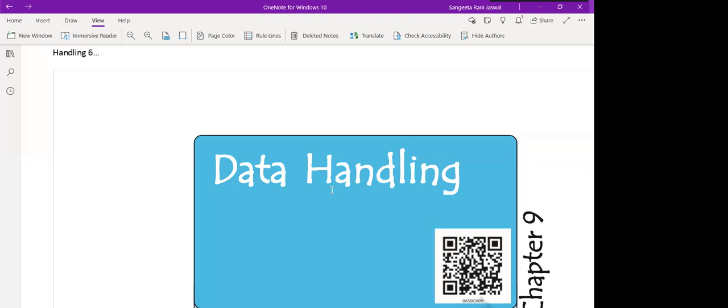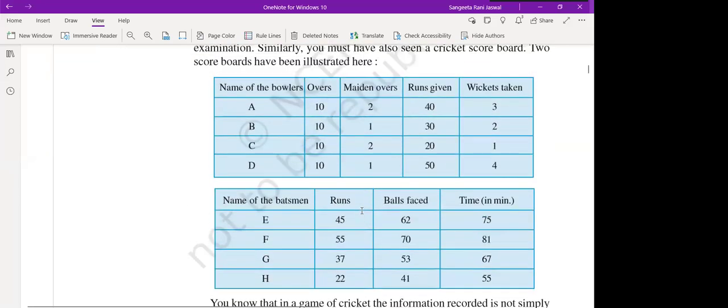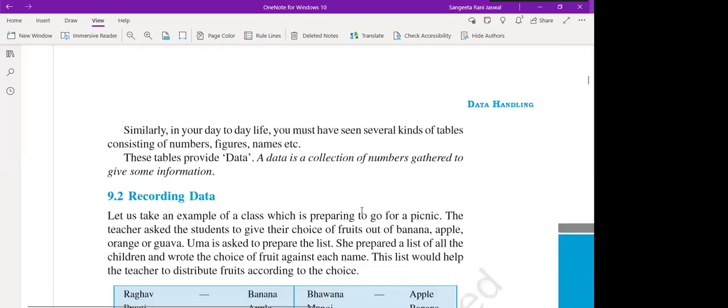Yes, data is a collection of information. That's what you call data. And what about handling? The name is data handling. We are handling the data, no? How do we handle the data? Adya?